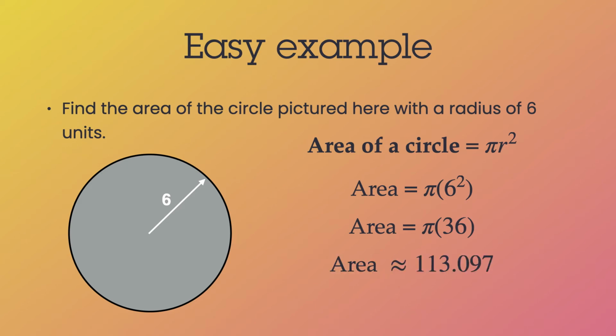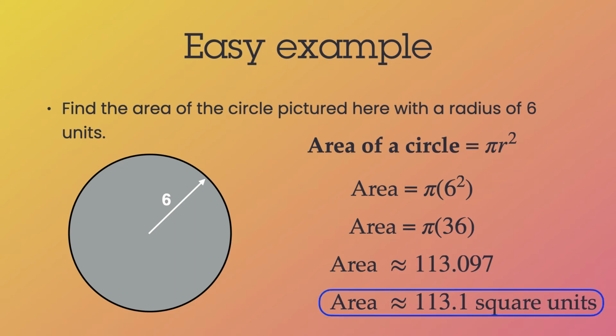And you should get approximately, now I've rounded this, your calculator will show you more decimal places than this, 113.097 and then continuing on. That's why I use the squiggly equal sign, which means approximately equal to. Now, for our purposes, we're going to be rounding to the nearest tenth when we do our final answer, so we would round this to 113.1 square units for our answer.